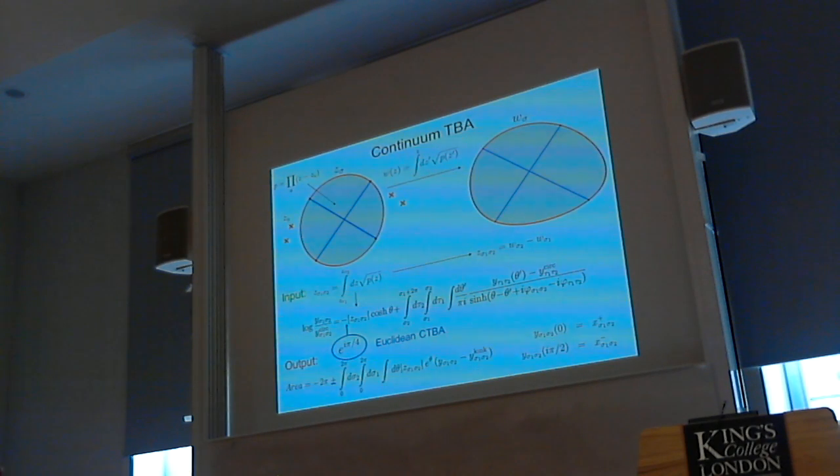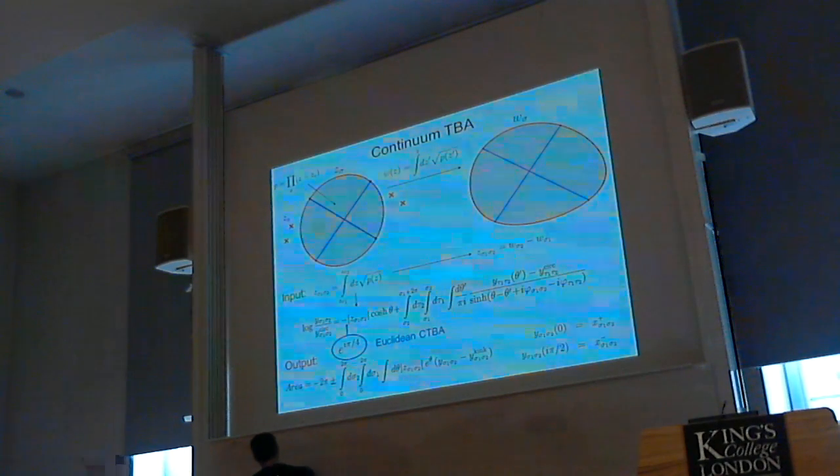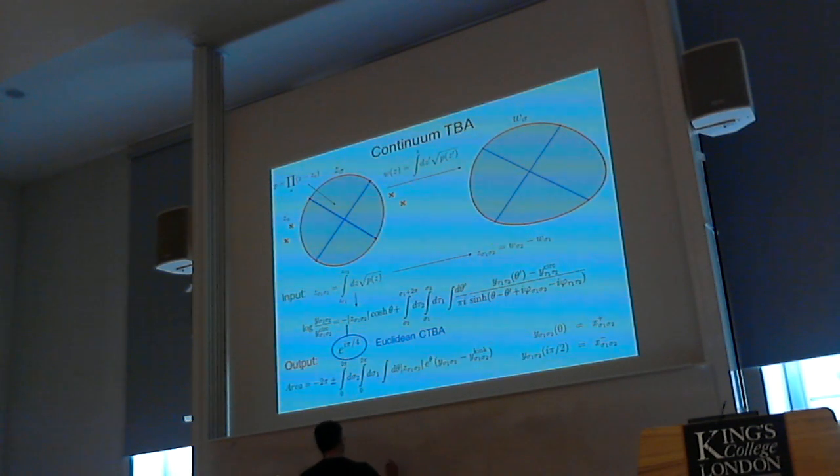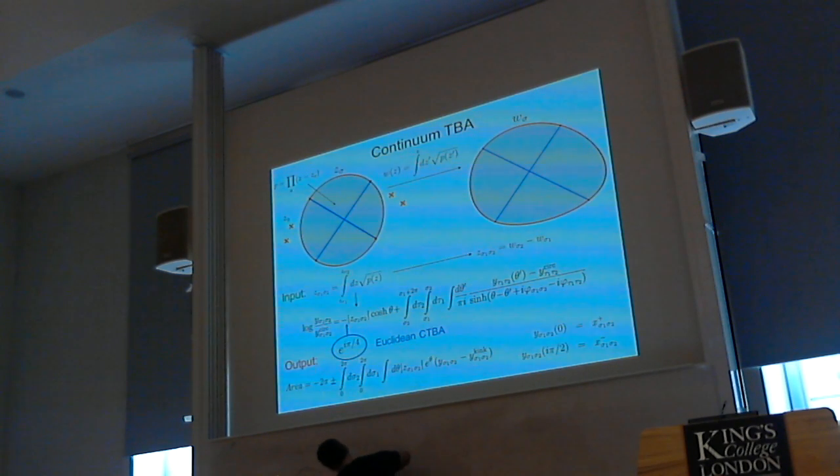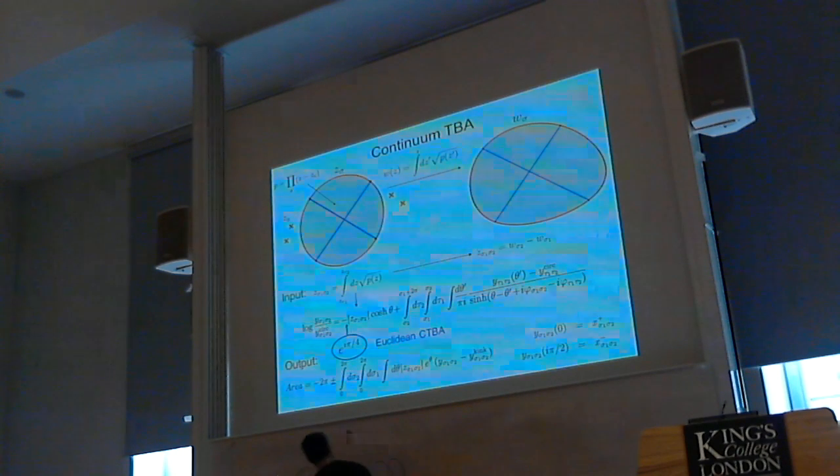So for example, if you leave 2 zeros inside, when you map to the W plane, it will map to a picture that kind of looks like this.